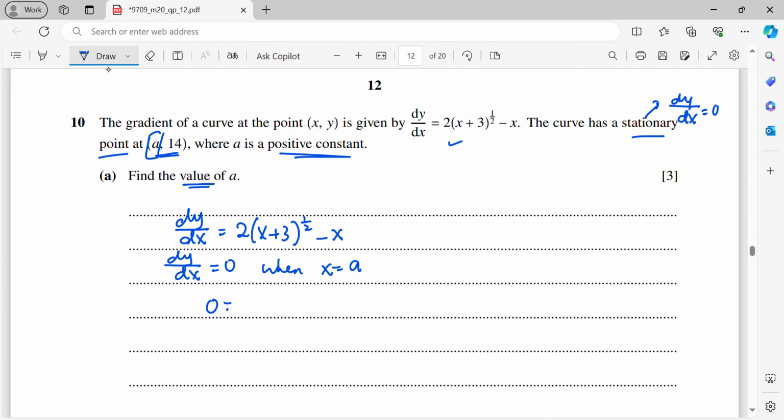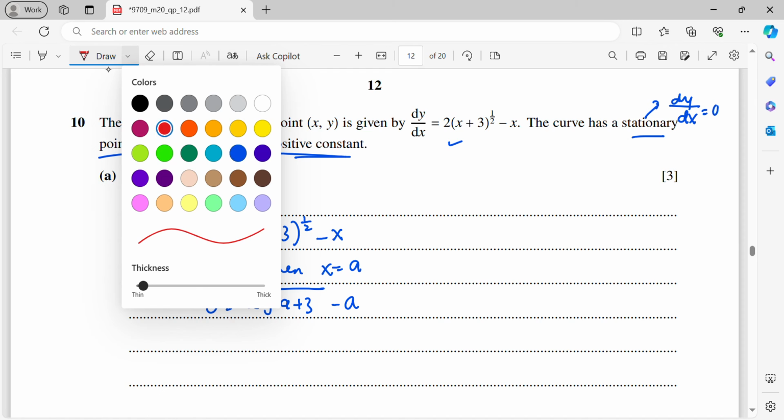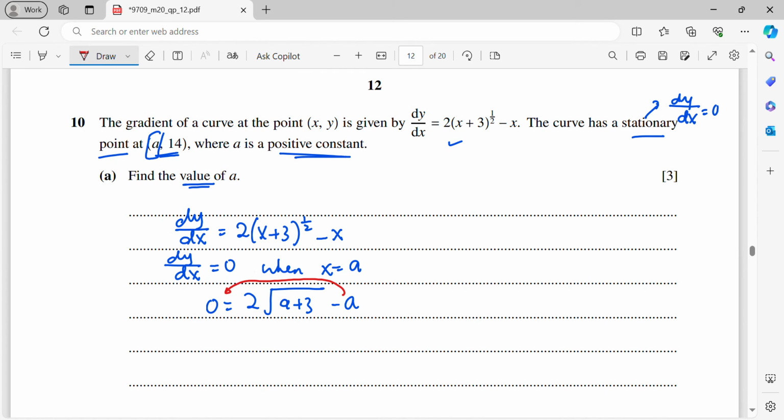So now 0 equals to 2 times, the power half is basically square root, (a plus 3) minus a. Then now I will just move this negative a to the left side. Then it will be 2 square root (a plus 3) equals to a.